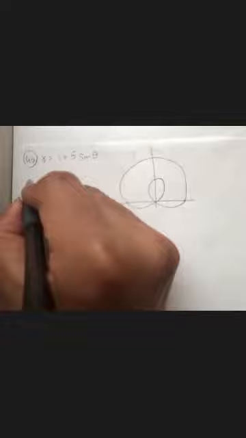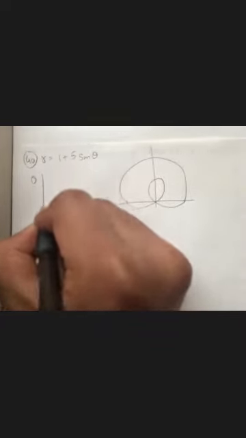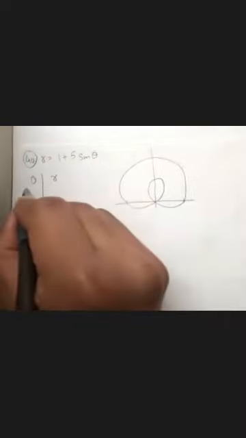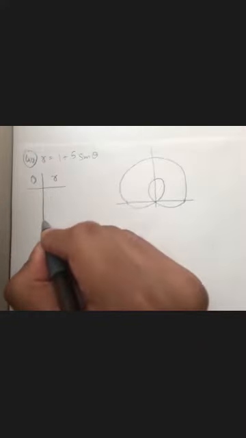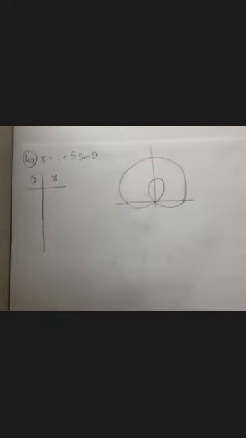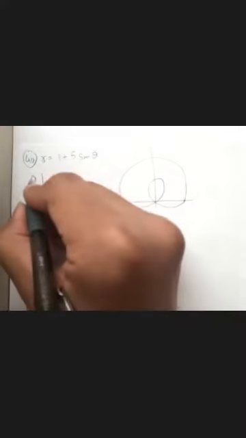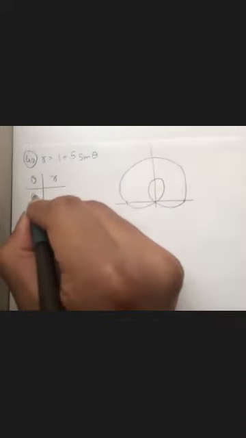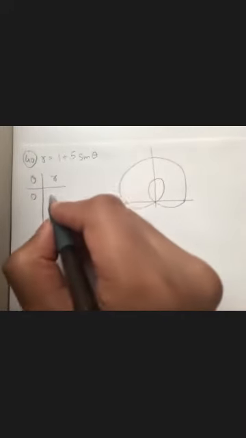This is a rough sketch of 1 plus 5 sine theta. Next, we have to label the points. So let's write down theta, r. Theta is 0, sine 0 is 0, r is 1.